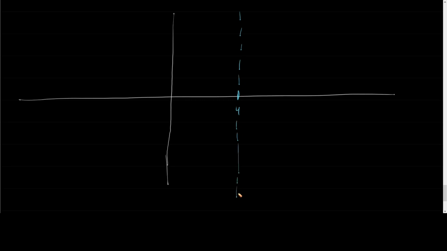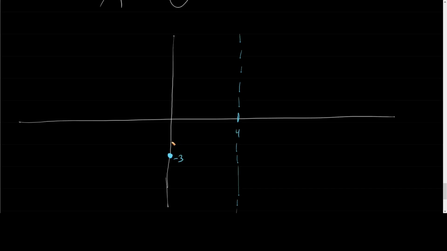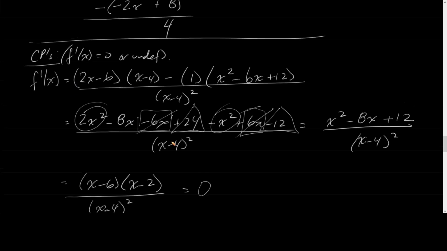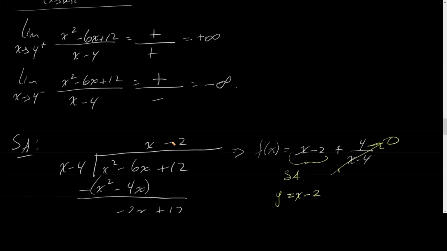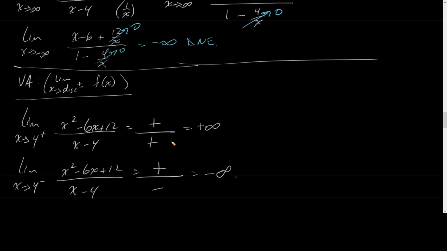What else do we have? We have a y-intercept of (0, -3). So this is at -3. We had no x-intercepts, right? But what else do we know?